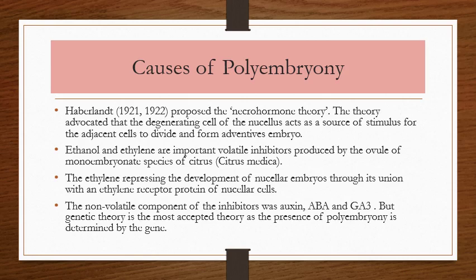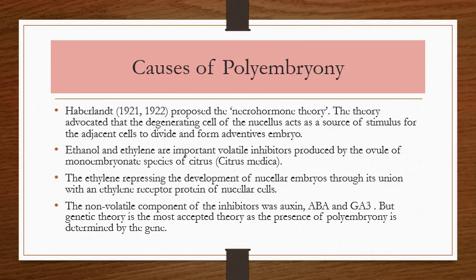Ethanol and ethylene are important volatile inhibitors that are produced by the ovule of monoembryonate species of citrus, such as Citrus medica.